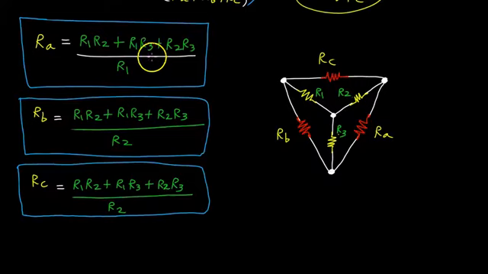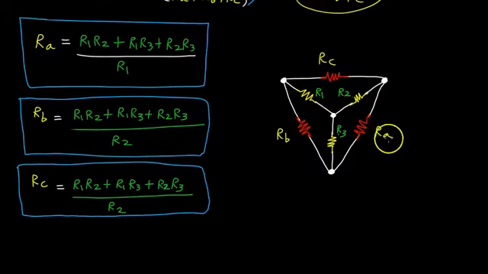So in this case I'm going from a Y to a delta, as I said, and I'm going to superimpose a delta network on top of my or around my Y network, and I'm going to say, okay, this rule appears as though what it does is it takes all of the possible combinations, all the possible multiple combinations of the Y network's resistors, and it divides it by the opposite resistor.